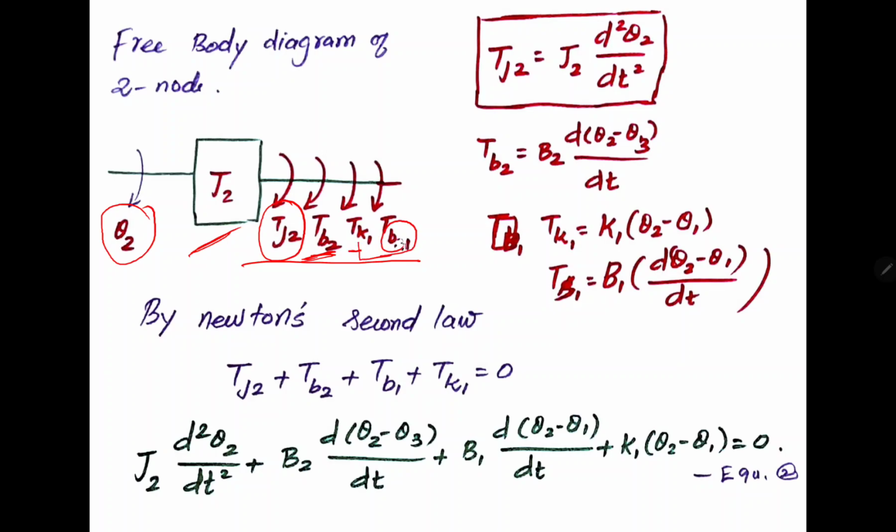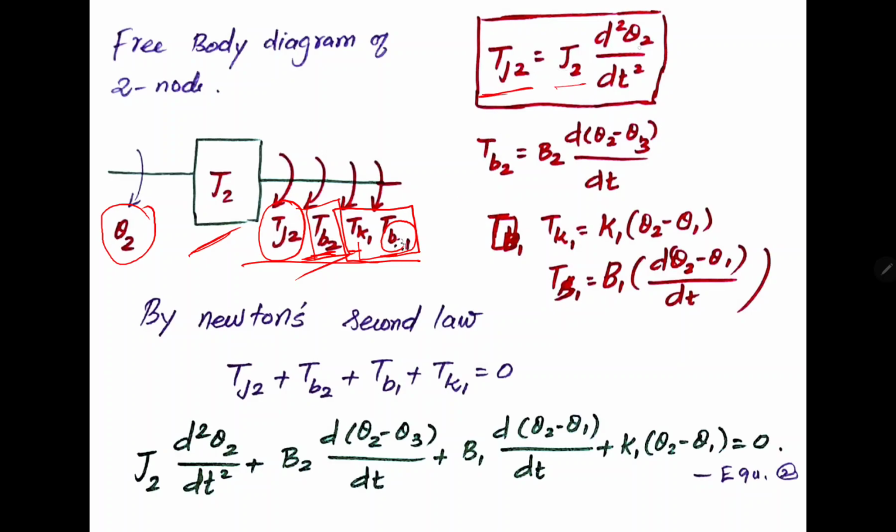Here Tk1 and Tb1 are common to J1 and J2, and B2 is common to J2 and J3. So the differential equations related to all these opposing torques are given here.